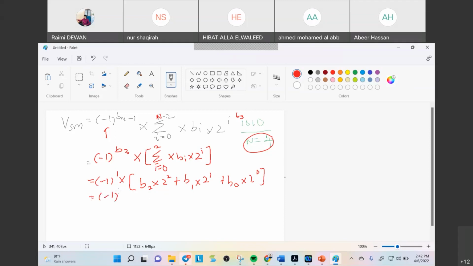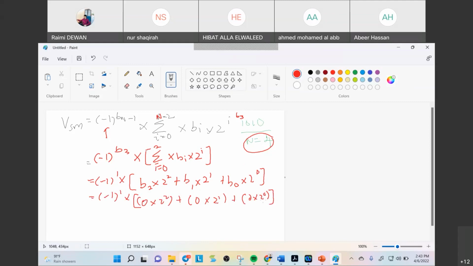So -1 times b2, which is 0 times 2, plus b1 times 1, plus b0, which is this one, 0 times 0.